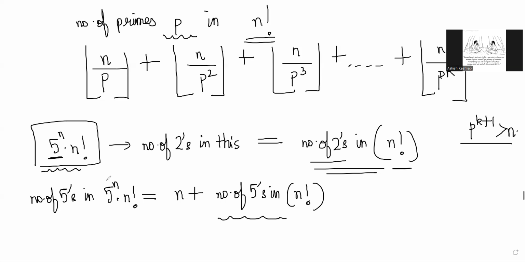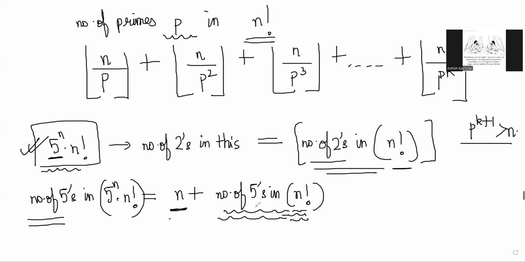The number of fives in this number would be n, because n comes from here, plus the number of fives in n factorial, right? Hopefully you are understanding what I'm saying. The number of twos in this number is the same as the number of twos in n factorial. The number of fives in this number is n plus the number of fives in n factorial, right?